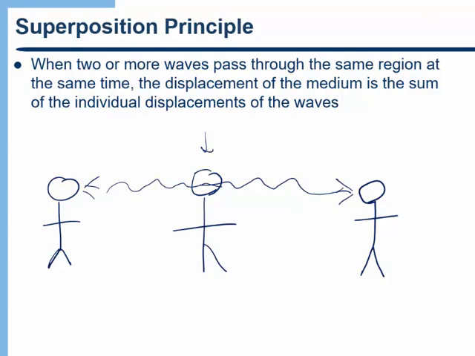It's not like a collision between particles, where if I've got a particle coming in like this and another particle coming in like this, they're not going to pass through each other, they're going to bang off each other. But waves just pass right through. So it's a really interesting thing. But at any moment, if two waves are present, then in that region of space, they simply add up.